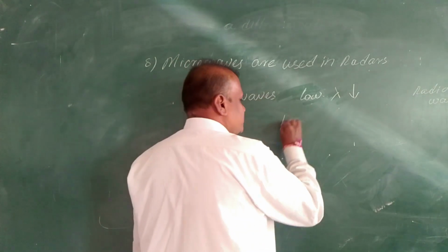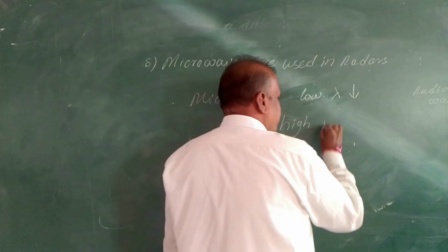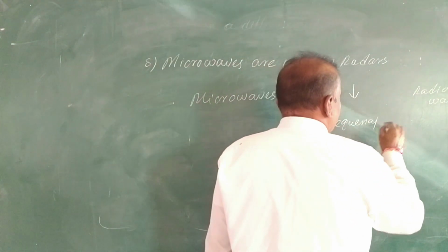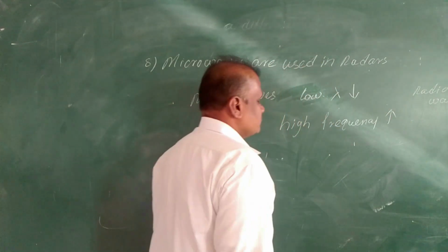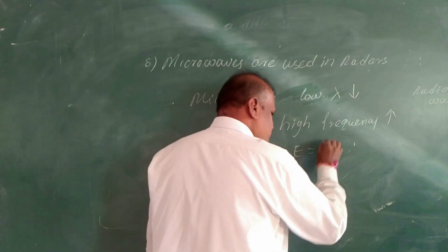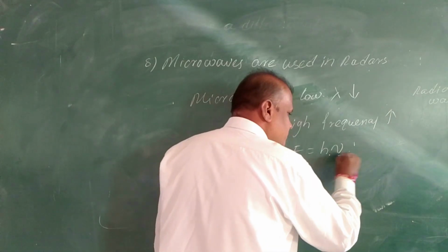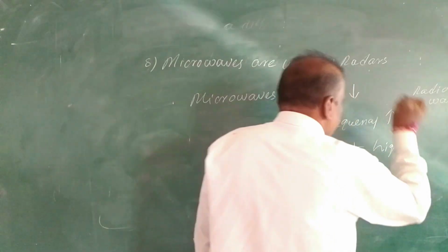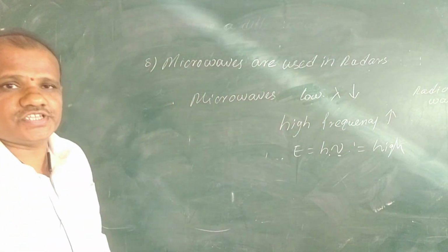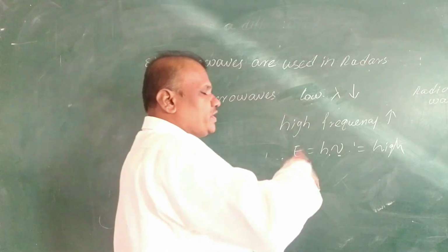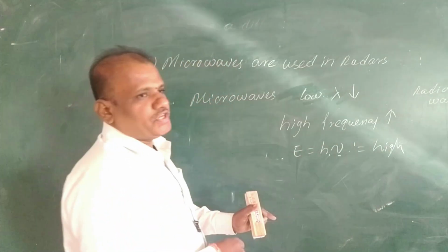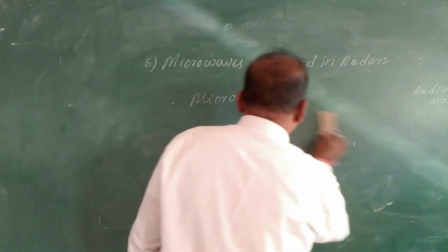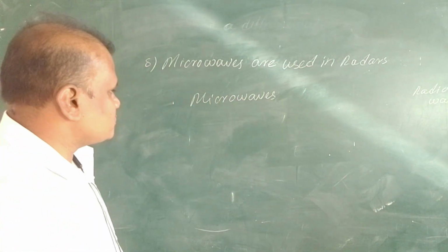Low wavelength means high frequency, and energy is proportional to frequency. So microwaves have high energy, therefore they can travel a longer distance without attenuation. This is one reason.